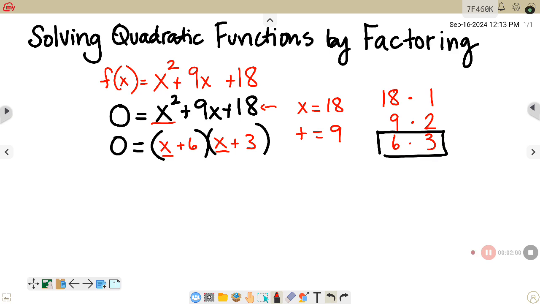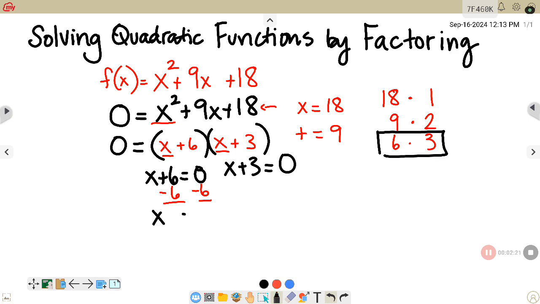Now, the step after you factor is to set these two factors, the x plus 6, set it equal to 0, and the other one also. So x plus 3, set it equal to 0, and then solve it for x. So on this one, I'll subtract 6 from both sides. So now I have x equals negative 6.